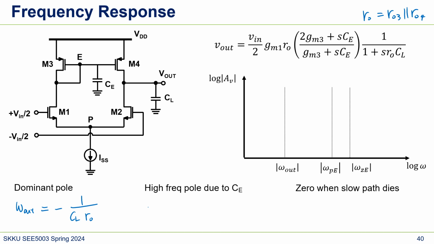So that's our dominant pole, and then the high frequency pole, which is from here, will be WPE, right? And that's GM3 and CE.